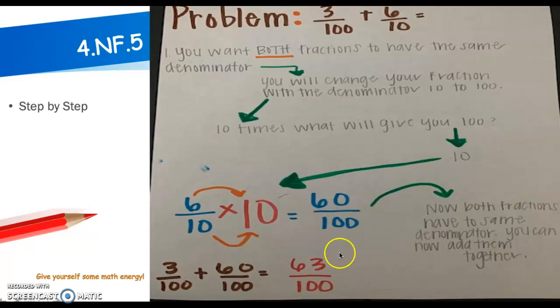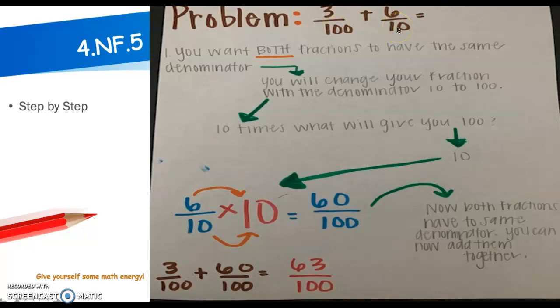But let's go ahead and just review one more time to see how these problems are going to be worked out. So when we look at these problems, we have 3 100ths plus 6 tenths, okay? We realize that our problems do not have the same denominator, but we need them to have the same denominator to make life way easier for us when we're adding them together. So we want that denominator to be 100. Big, solid, strong number 100.